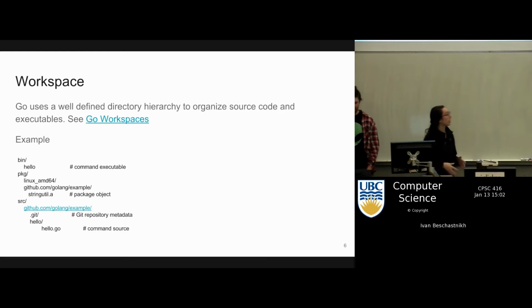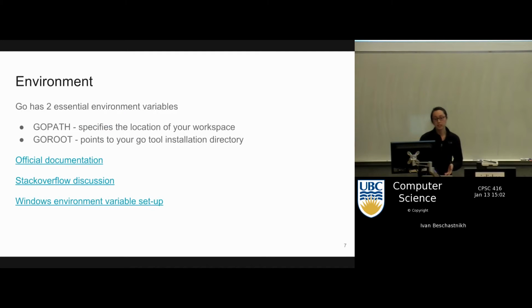Your workspace should actually be in this format where you have a folder and the subfolders bin, package, and source. That wasn't necessary for this assignment, but I would highly recommend moving to this style for later assignments when your code starts to get more complicated, and you will start using third-party packages if we require it. And there is a link so you can look at them further.